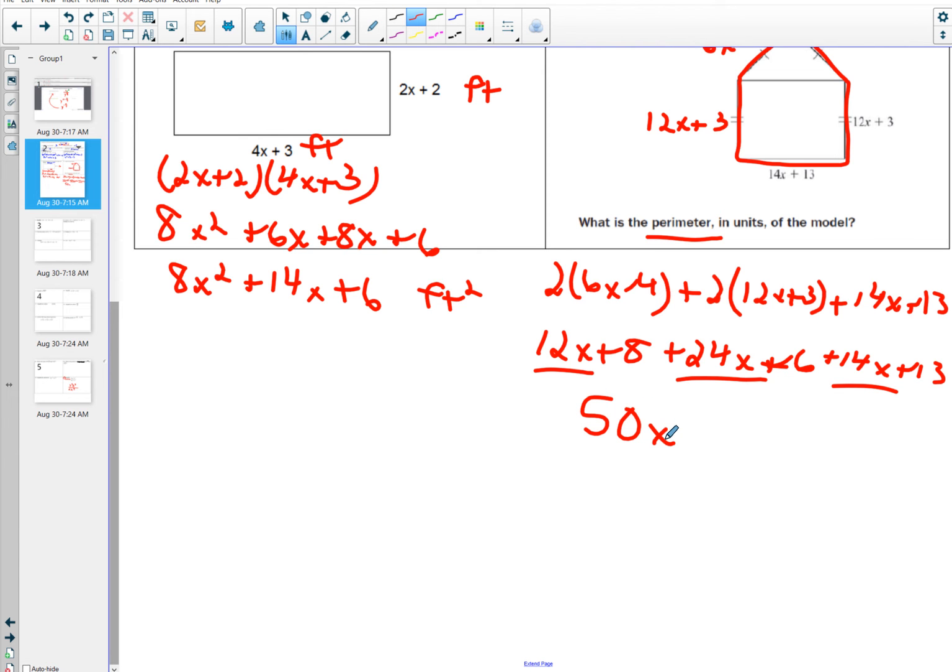I was just saying the 8 is supposed to be negative. You're right, thank you. The 8 is supposed to be negative. Thank you. Okay, so then Kaylee, what is negative 8 plus 6 plus 13?